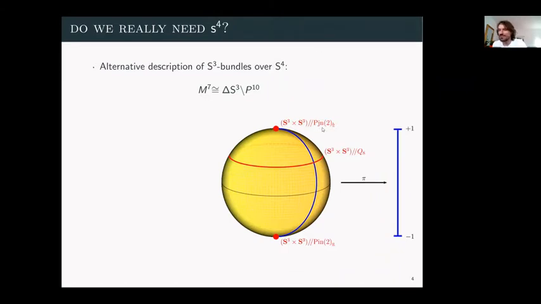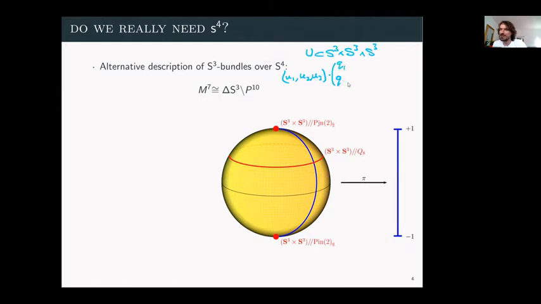And so each of these groups, Q8, Pin2, and Pin2, sits inside S3 cross S3 cross S3. I'll just call them all U for convenience. And then an element of U acts on S3 cross S3.